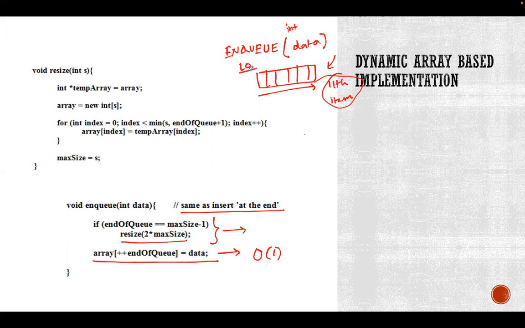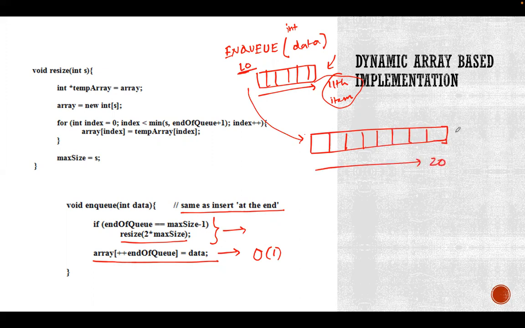For example, if the current size is 10, it is going to dynamically create another array of size 20, then copy all of the items from the old array to the new one, and then insert the last item at the end of the list.